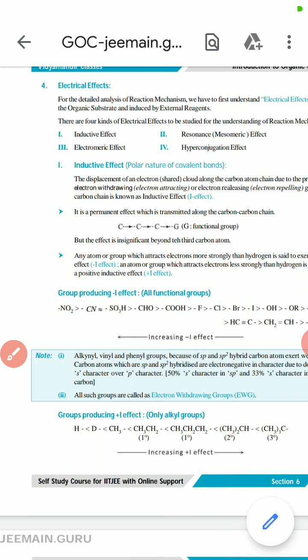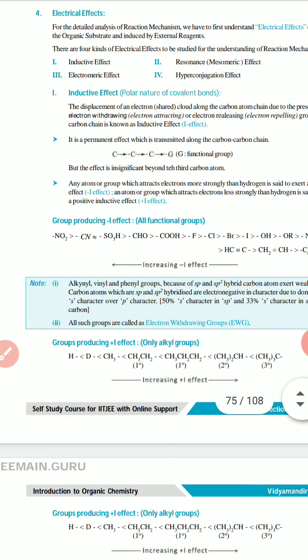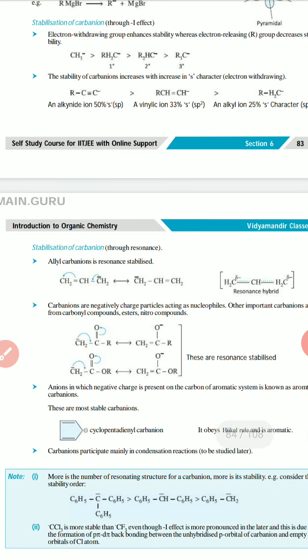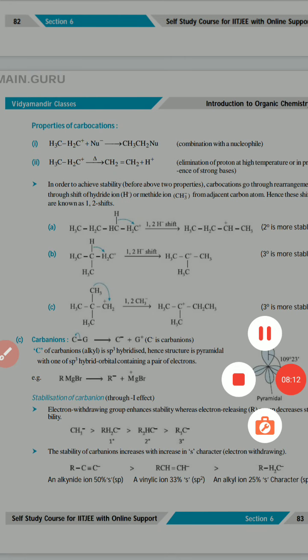So that's about inductive effect. We saw there are some groups which show plus I effect and some which show minus I effect. So that is a very important effect. It is used vastly in organic chemistry.